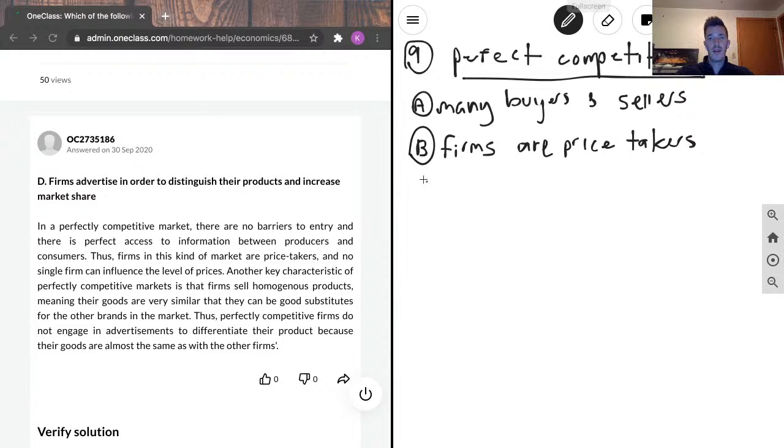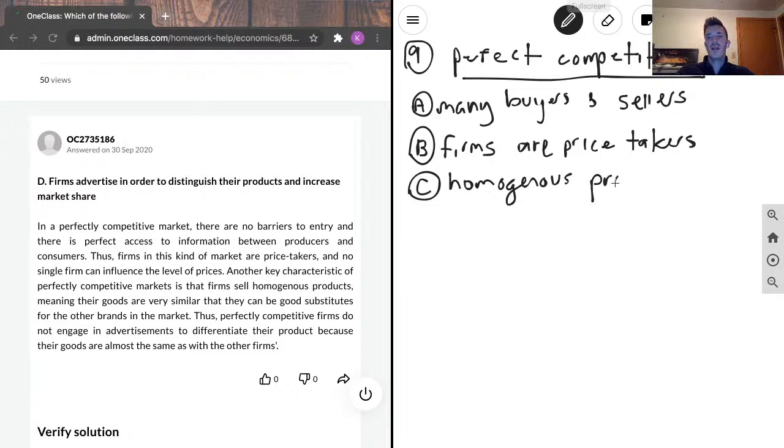And this is because, as our junior tutor mentioned, products are homogeneous. They are all the same. Theoretically; in practice, it means that they are sufficiently close enough.